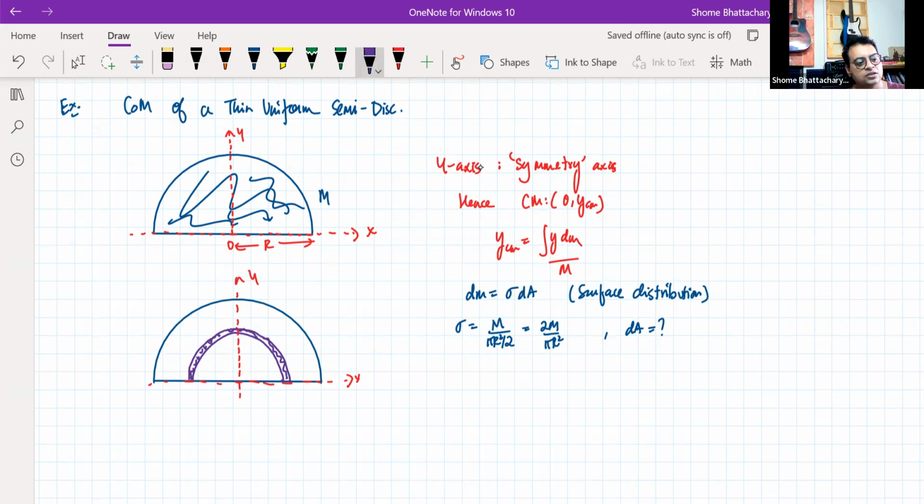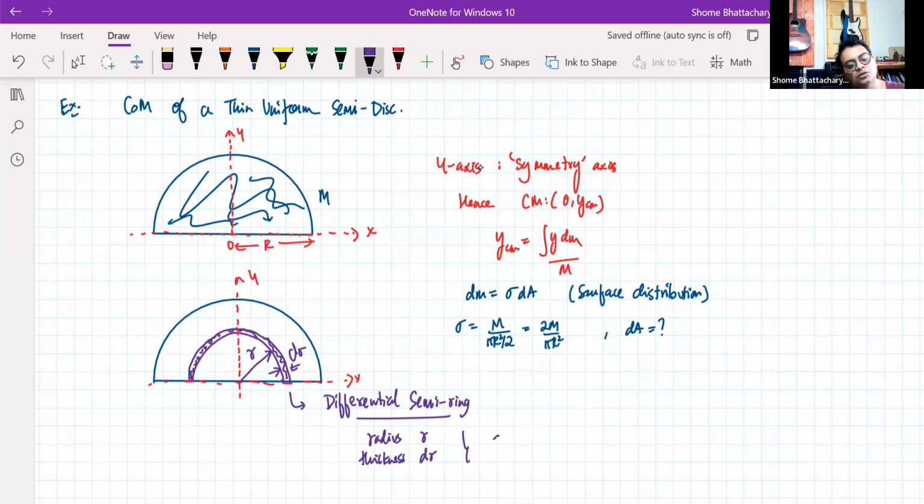We can take it as x, or in this case, I'll take it as small r, and its thickness is dr. So we'll take what we call a differential semi ring. Differential because its thickness is very small. So its radius is r and thickness is dr. Now can you tell me how much its area should be?